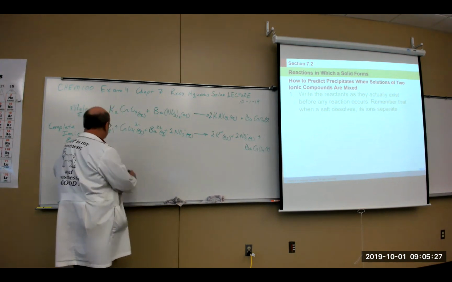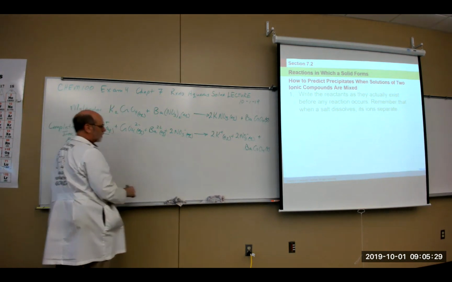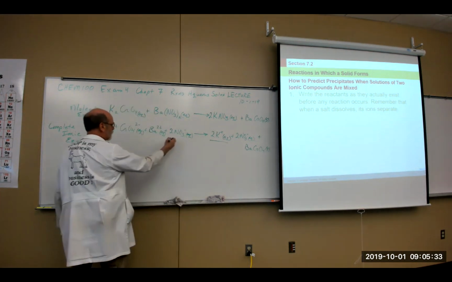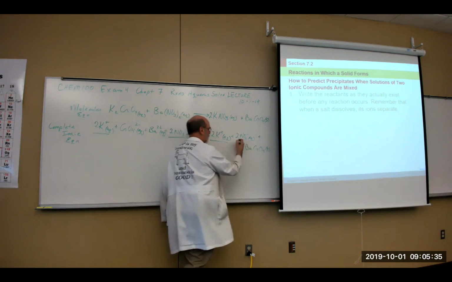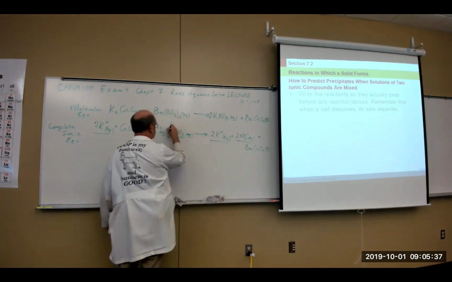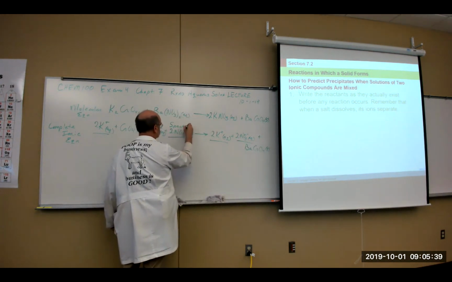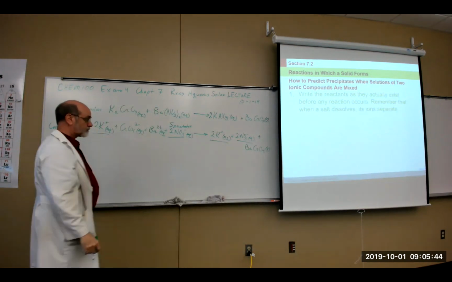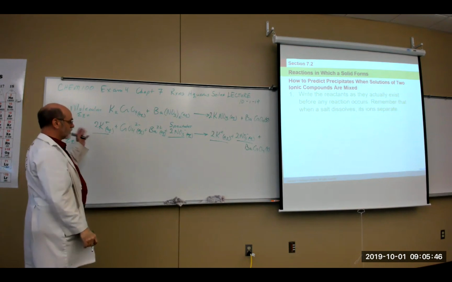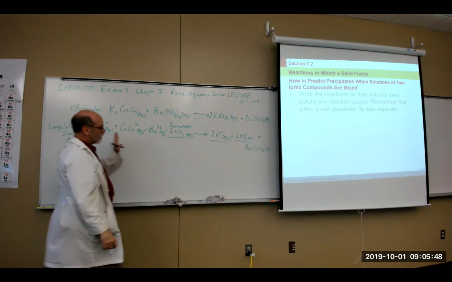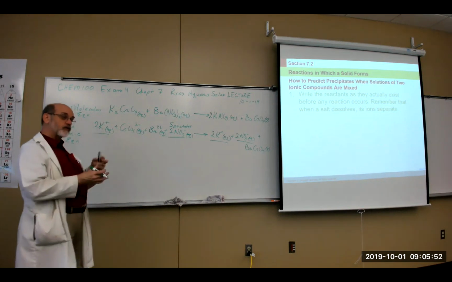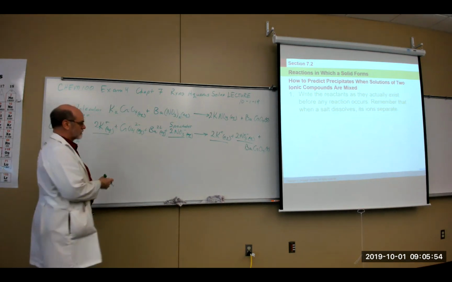Right? We call them spectators. So we've got a spectator here because it's on that side and that side. And we've got a spectator here on that side and that side. So there's one of your spectators, and there's another one. Those spectators, if you cancel them out, because this one's on both sides, that one's on both sides, then what do you have left? This is the real meat of the reaction.